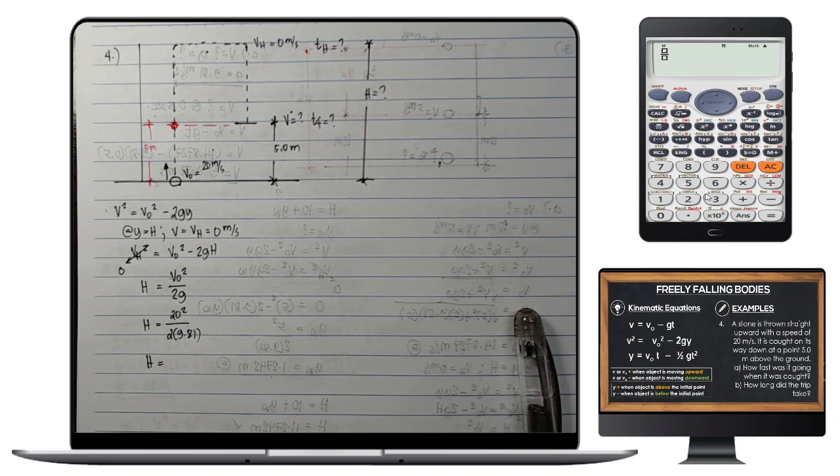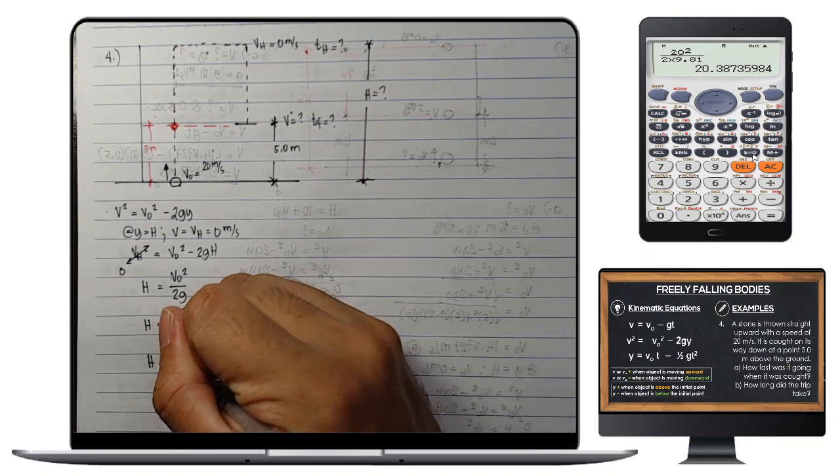So we can find the value of h, the maximum height natin, to be, so that is 20 squared divided by 2g. So 2 times 9.81 equals, so that is 20.3873. So yan yung ating maximum height.